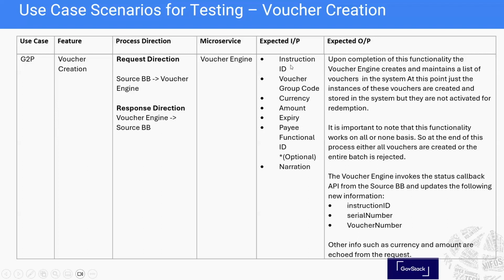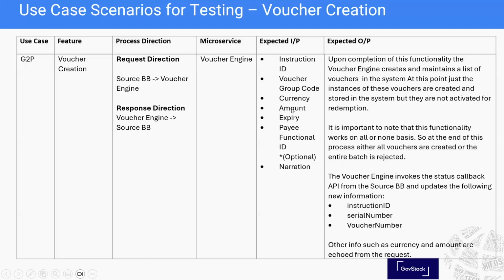Before voucher creation could be done, these are the main parameters expected from the API. It needs an instruction ID so as to identify the particular instructions for that voucher creation. It requires a voucher group code so that the system can identify which group the list of requested vouchers is being created from, the currency in which the voucher is being created, and the amount for the voucher.